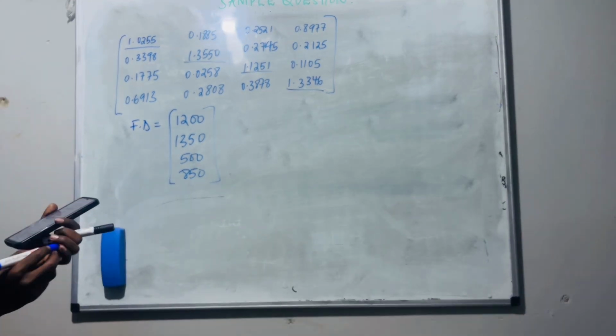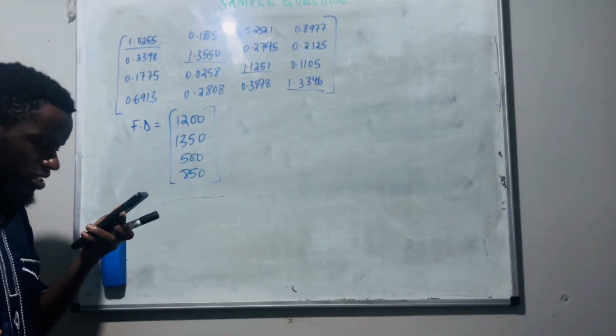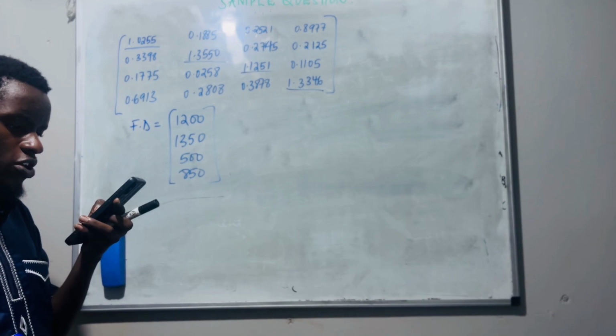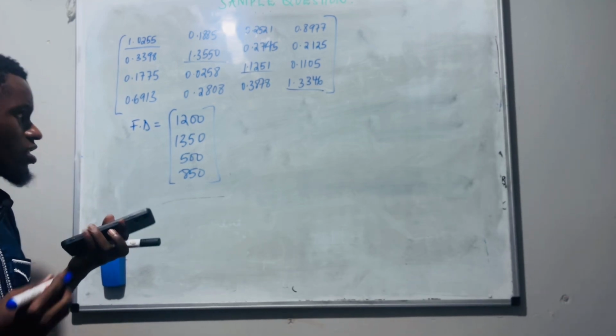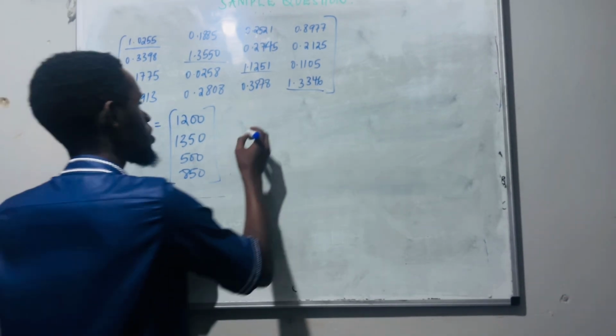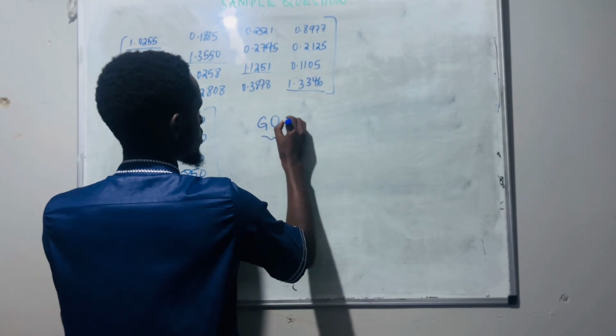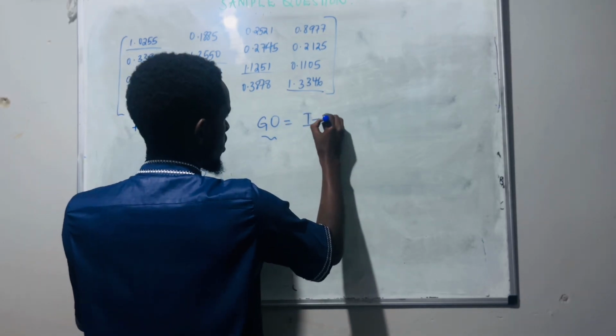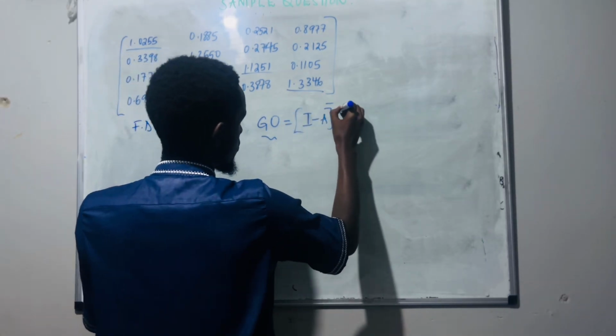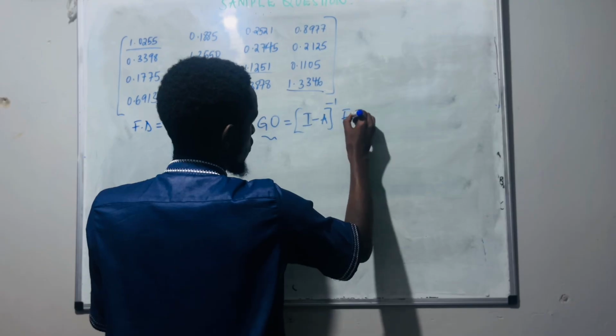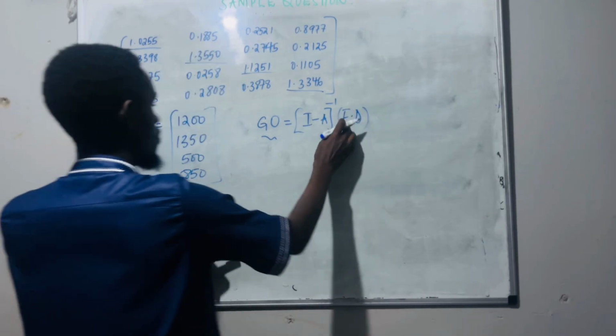They want us to compute the respective output levels. Remember, gross output is the inverse (I minus A) times the final demand. We have the final demand here.